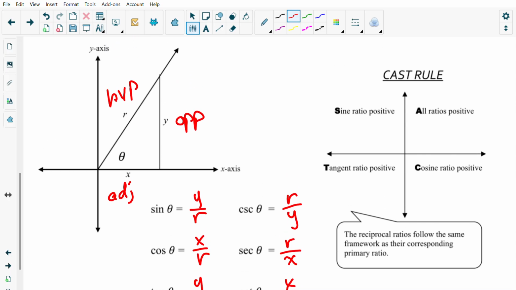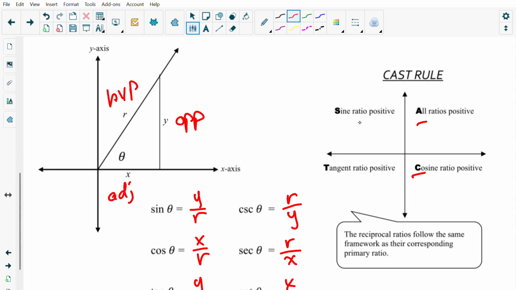Remember the CAST rule? This is super important when we're thinking about trig ratios in the various quadrants. Now we are dealing with negative values as well. Remember in grade 10 math, we only dealt with positive trig values. Now we can have negative. So the CAST rule tells you which ratio is positive in which quadrant.